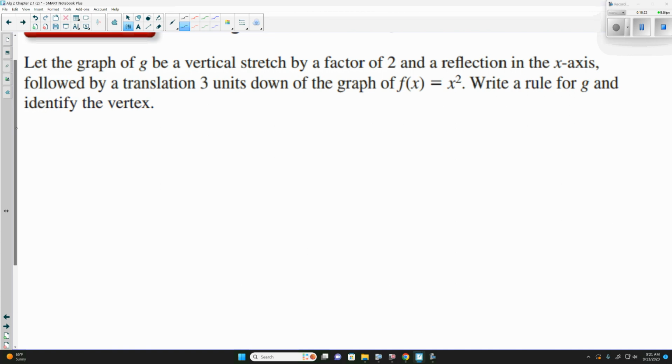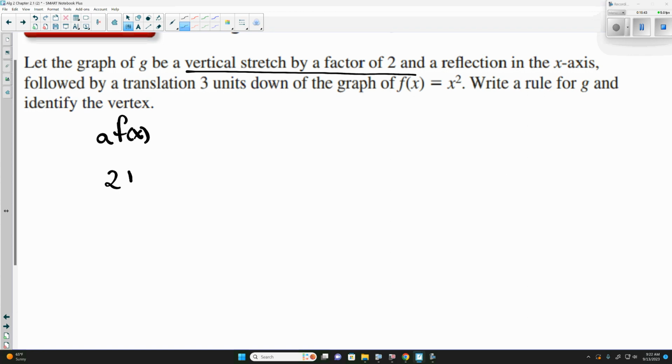So the first one is a vertical stretch by a factor of 2. Now our vertical stretch by a factor of 2 is our a times f of x. And what's our value of a going to be for this here?